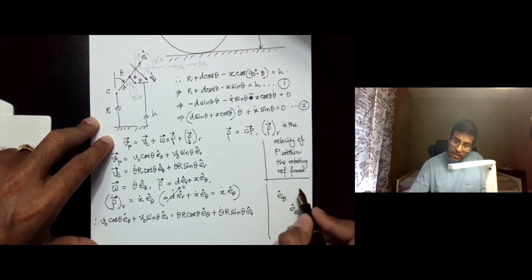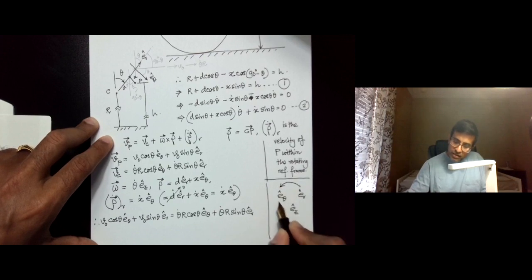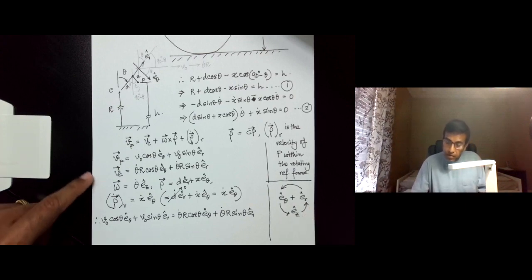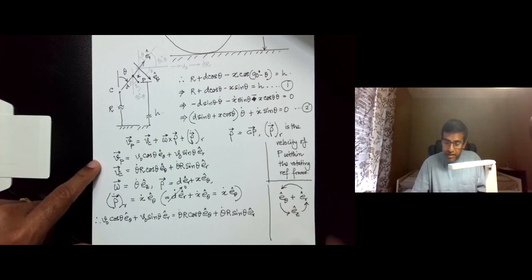ER cross E theta gives EZ, and hence we form this convention of cross products, and this forms the right-handed coordinate system R, theta and Z.